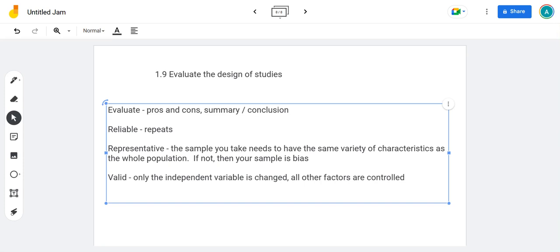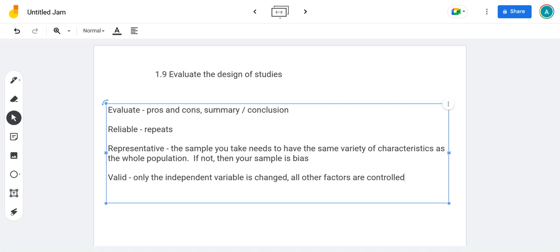In the lab, that's relatively easy because we can control the pH using a buffer, and we can control the concentration of things by measuring it out, etc. But studies done on humans are not easy to keep everything else the same. For example, let's say we're trying to look at the effect of smoking on cardiovascular disease.